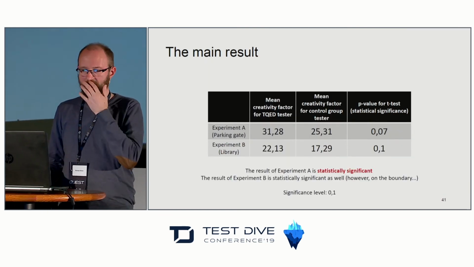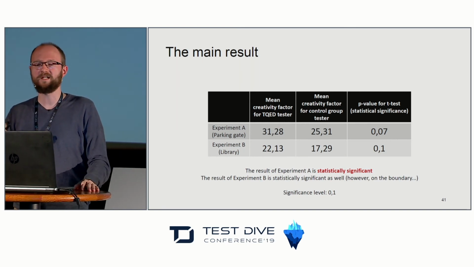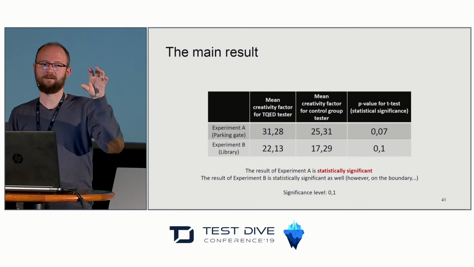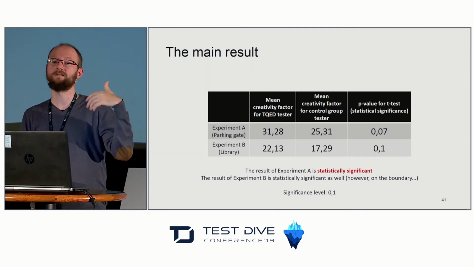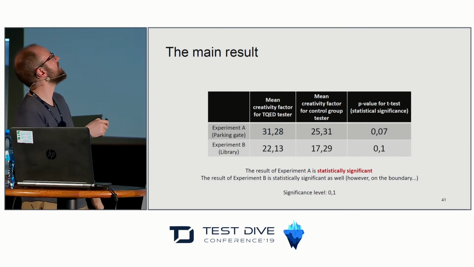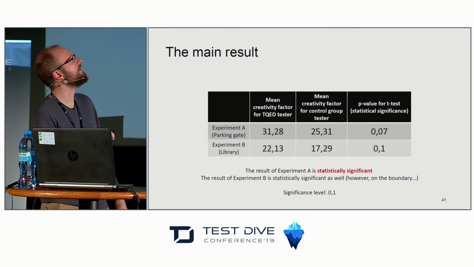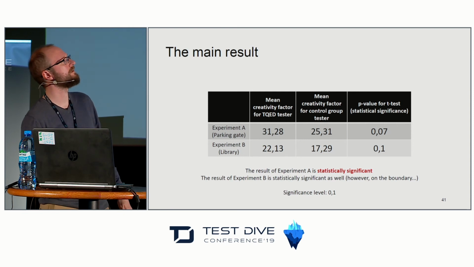And the main result was this. When we calculated these mean creativity factors per tester in each group, it turned out that for the first experiment, the TQED group had 31 points, while the control group had 25. In the second one, the TQED had 22 compared to 17 point something for the control group.